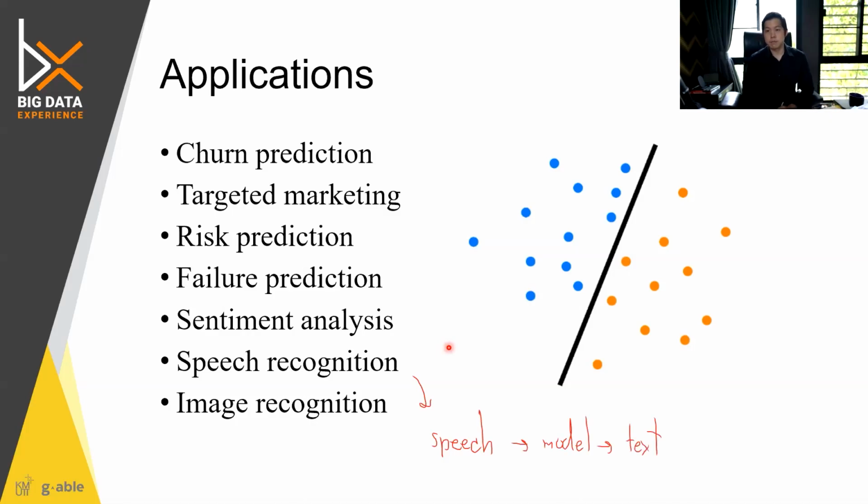Also, you can have an image passing through a model, and then it can classify the image into object types. So classification models can range from basic business models to advanced AI in the robotics industry, so that it would react to humans naturally.